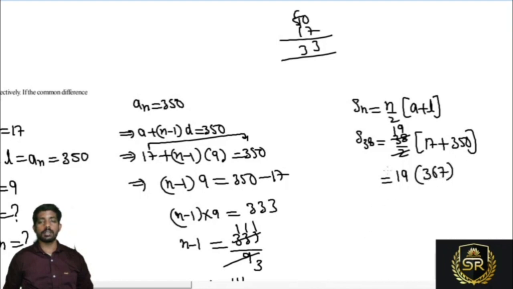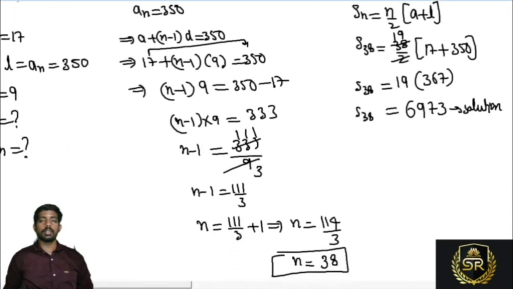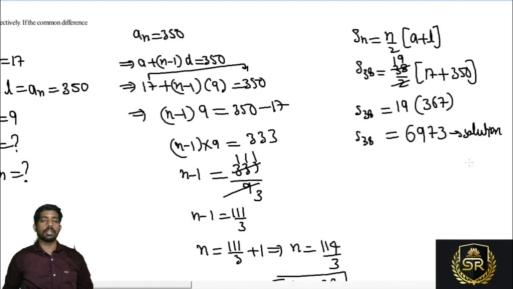So 19 into 367 gives the result 6973. This is the solution. That's all. This is the answer.